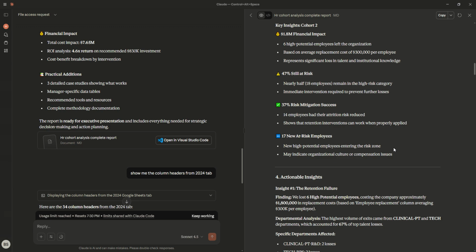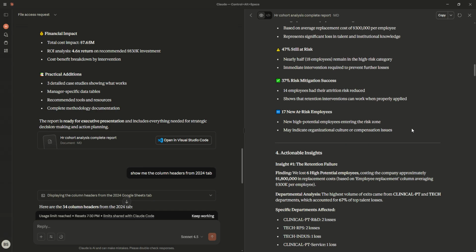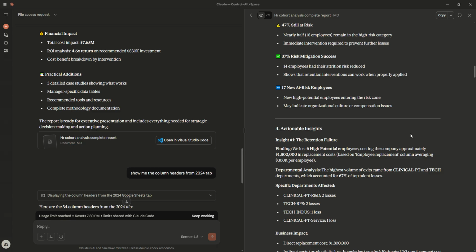Immediate intervention is required to prevent further losses. 37% risk milestone success: 14 employees had their attrition risk reduced, showing that retention interventions can work when properly applied.